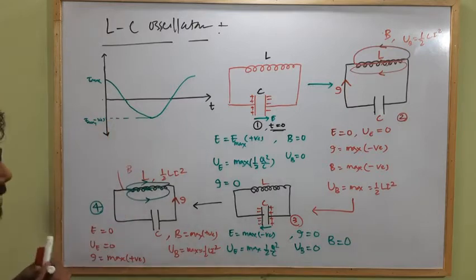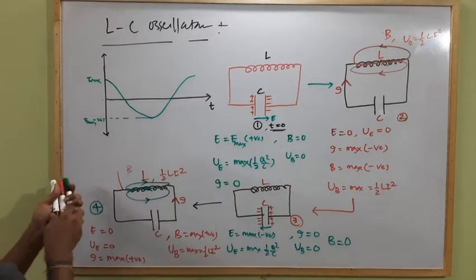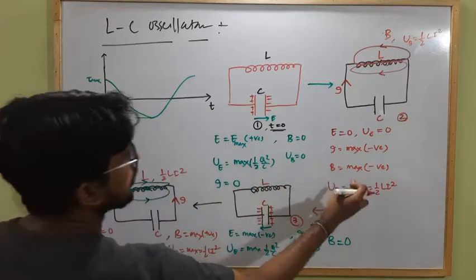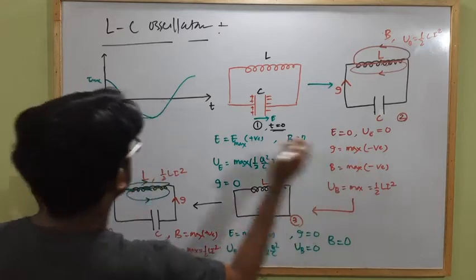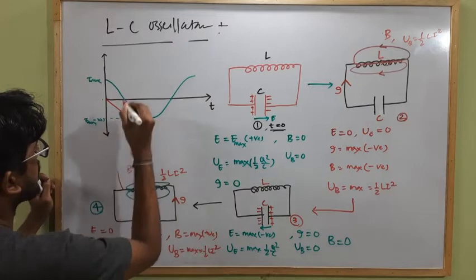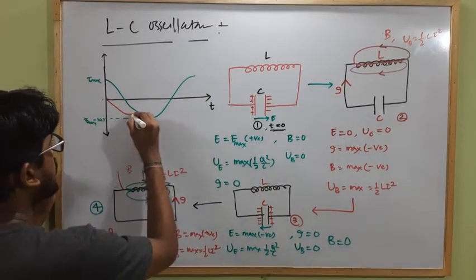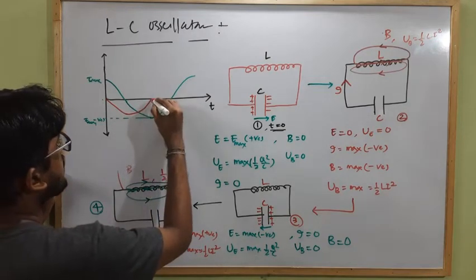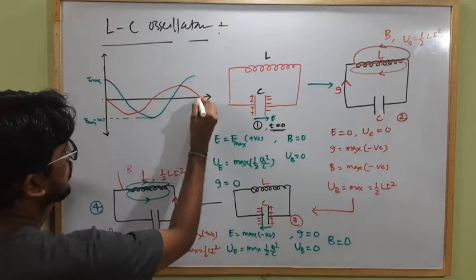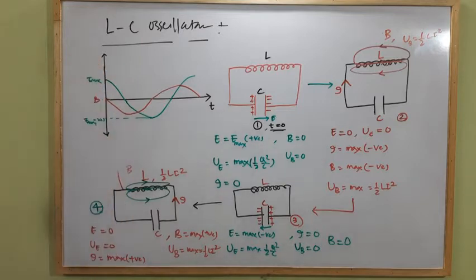Clear? Again, at the instant when E is maximum, B is 0, so B will be 0 here, then B will get maximum in negative, then again B will become 0, then B will be maximum in positive, then it will become 0, like this. This is B. Clear?